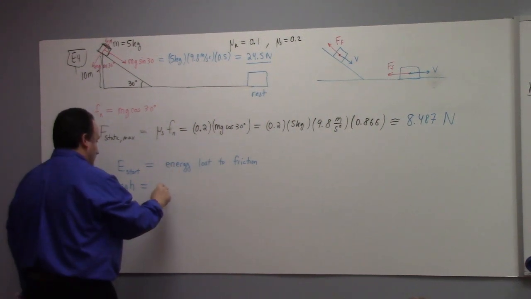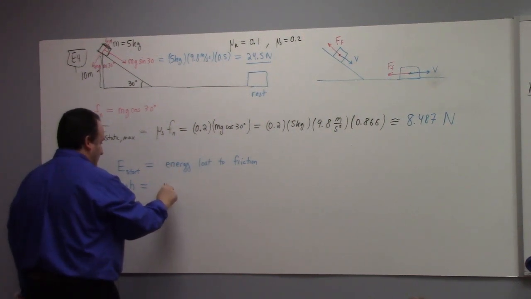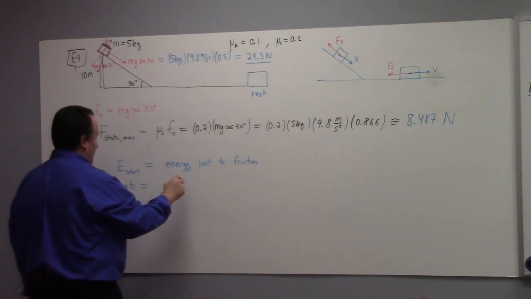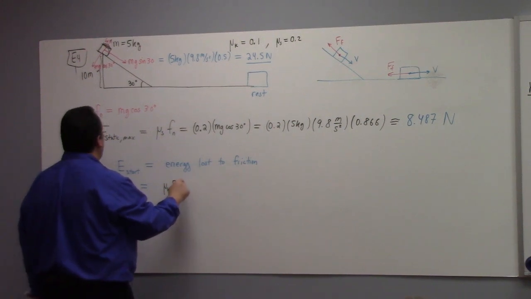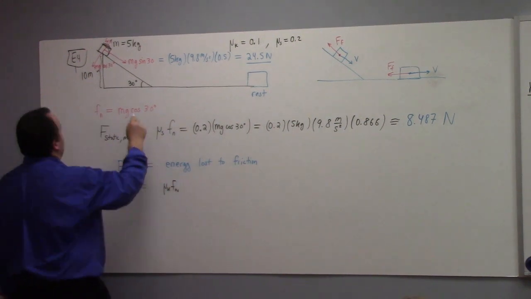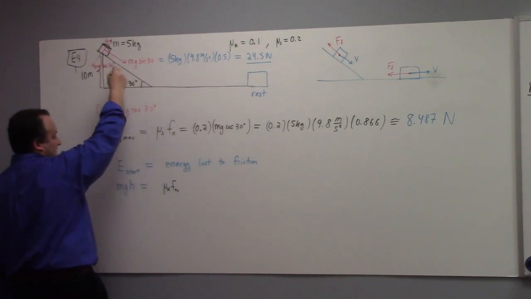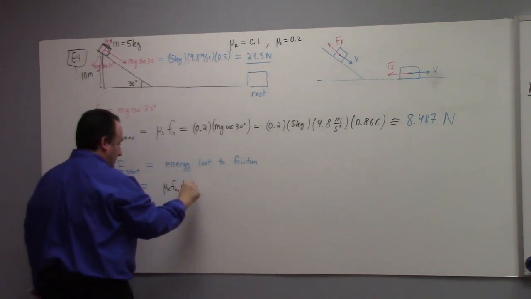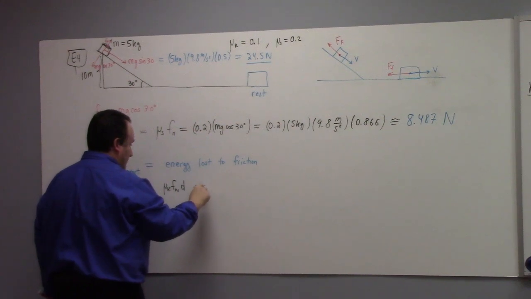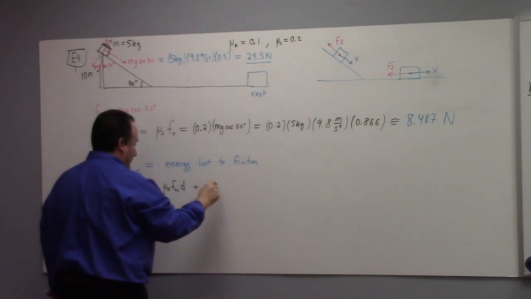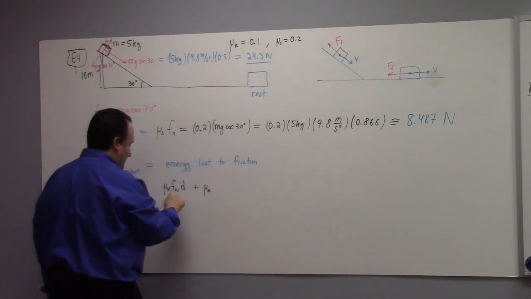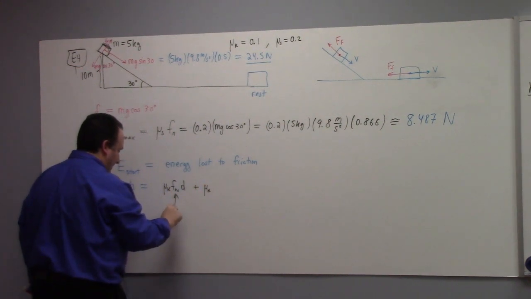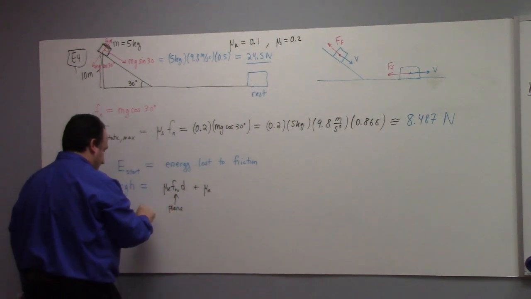So we've got mu k times the normal force, and then the distance down the plane. I need to give a label. Let me call this distance d. And then plus mu k times the normal force. So this is on the inclined plane.